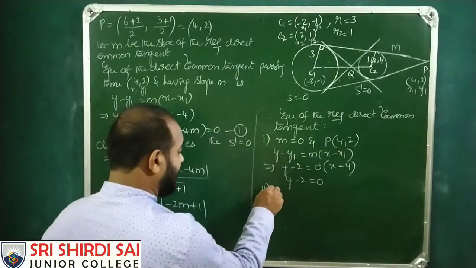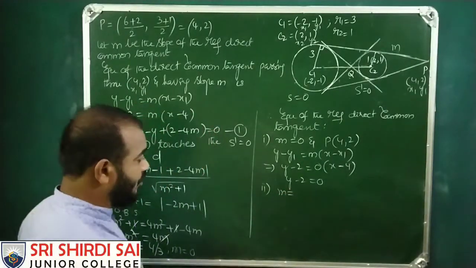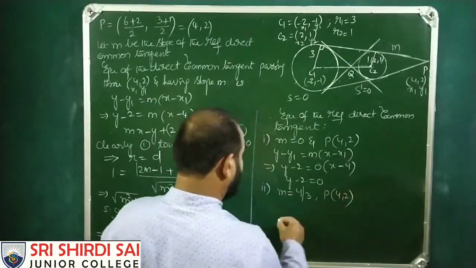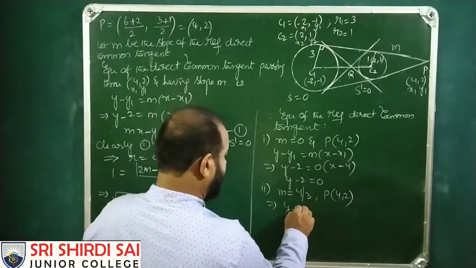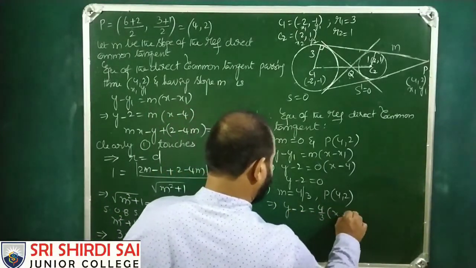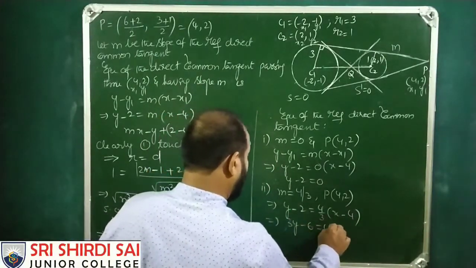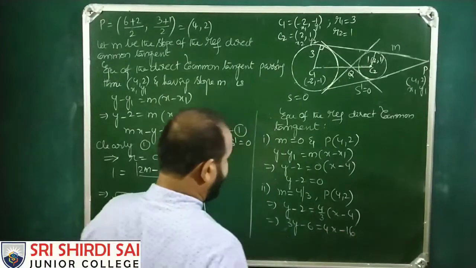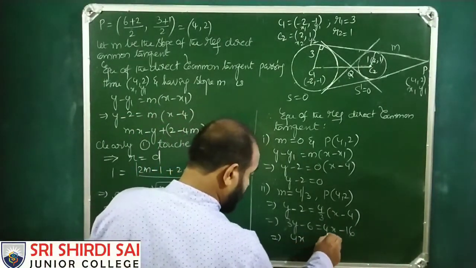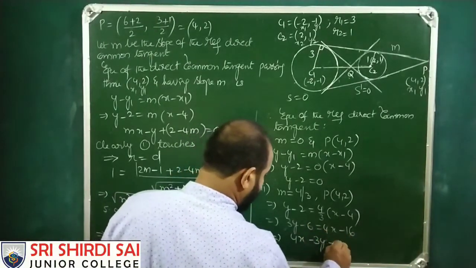The second equation, this time, we should take m equals 4 by 3 and P 4 comma 2. So y minus 2 equals 4 by 3 into x minus 4. So 3y, 3 twos are 6, 4x, 4 fours are 16. Therefore 4x minus 3y minus 16 plus 6, minus 10, equals 0.